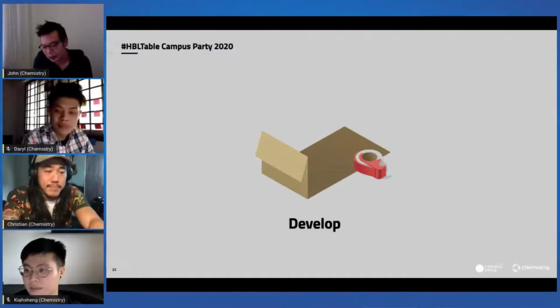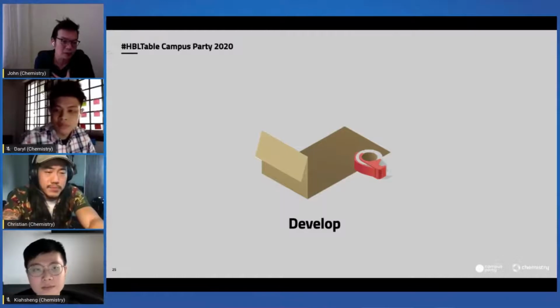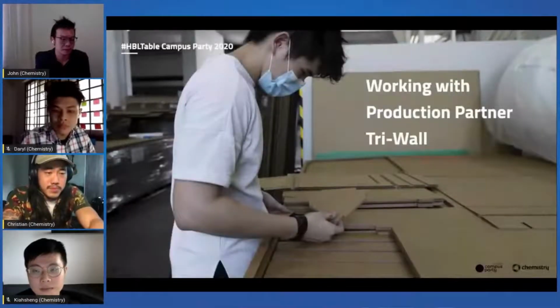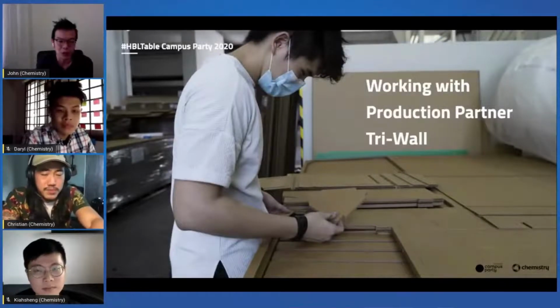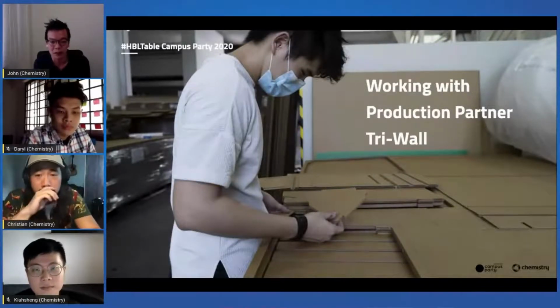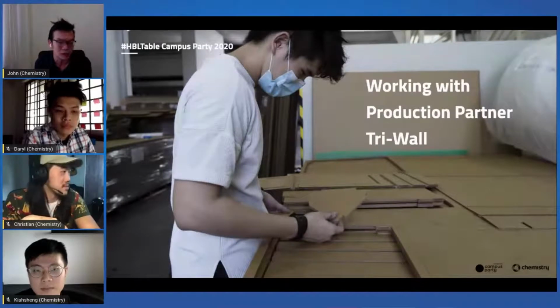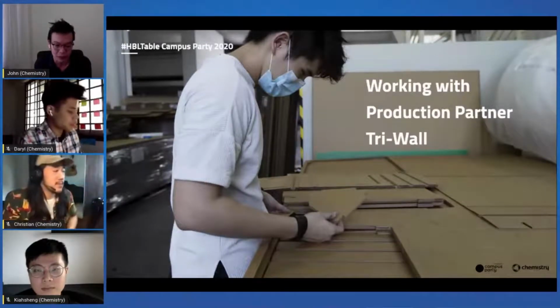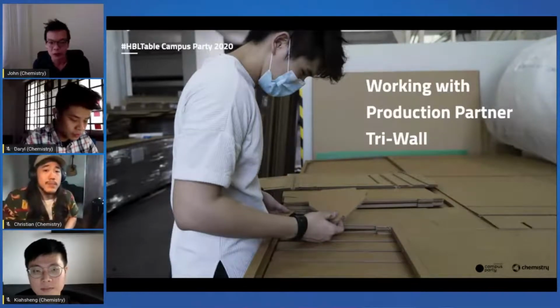So from the table, the flip table was designed and ready to go. We moved into the development phase of it. We have a production partner that we worked with previously in 2016 when we did the flip table. Working with them again this time around, thankfully they were very much aligned with doing this project on a FOC basis, where it's not for commercial benefit but more for benefiting the community.